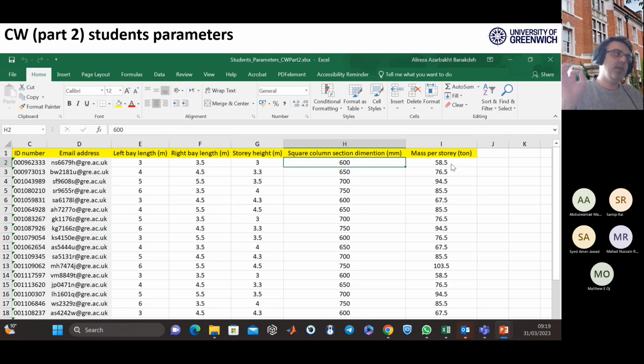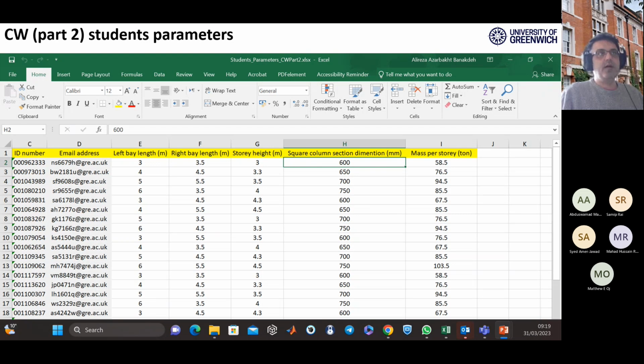So you need to put a lumped mass at the center of each floor, for all the floors, equal to 58.5 tons. Is there any doubt on this Excel spreadsheet, on how you need to use those parameters?